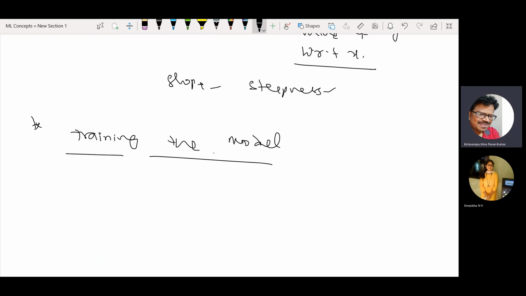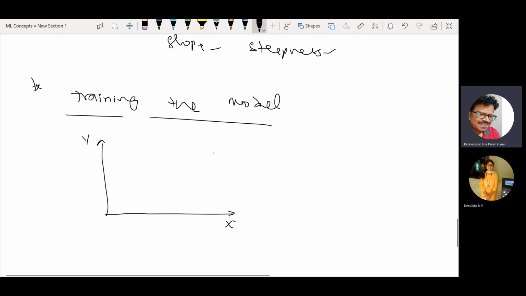Now there is a point here, guys. Suppose I have an equation like this, and this is the x-axis and y-axis. In the earlier case, we took years of experience and salary of the corresponding persons.